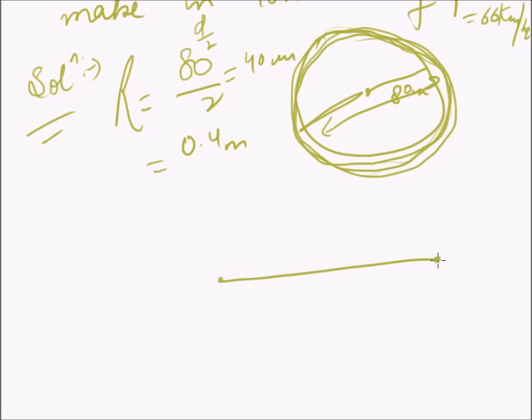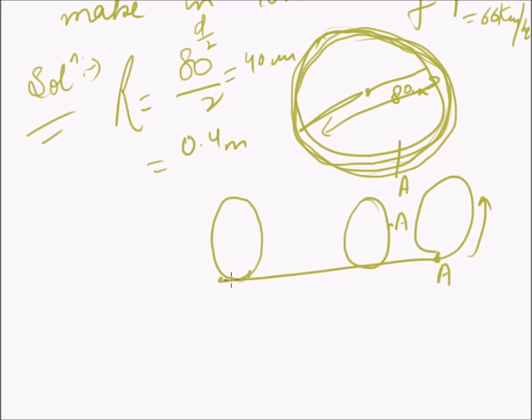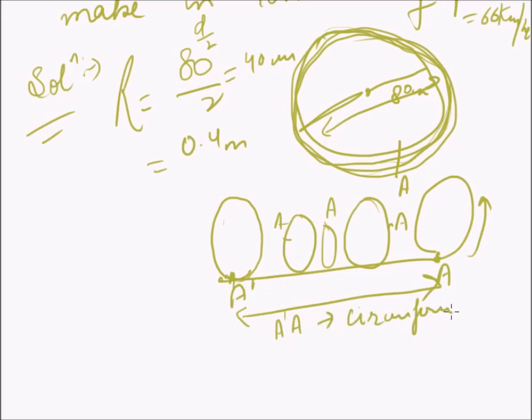See, if this is the road and the tire, say this is the point A. Now the car starts at point A. After the rotation, A has reached over here, and after another rotation, A has reached here. So this distance A dash A will be nothing but the circumference of the circle.